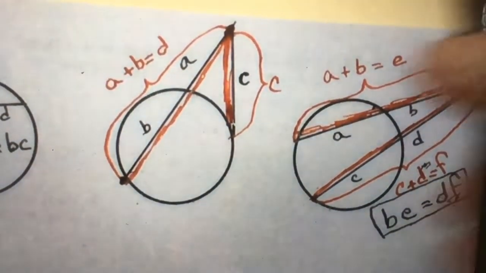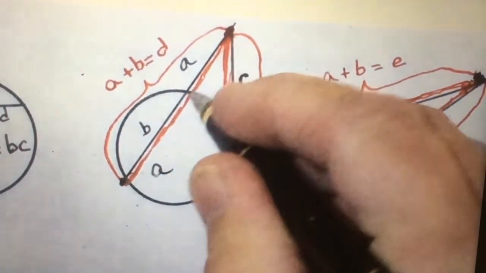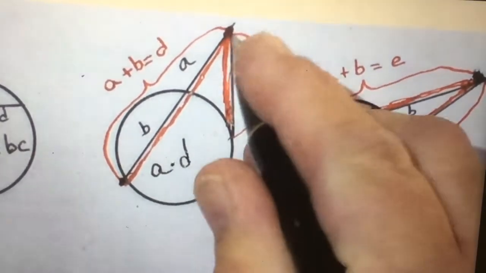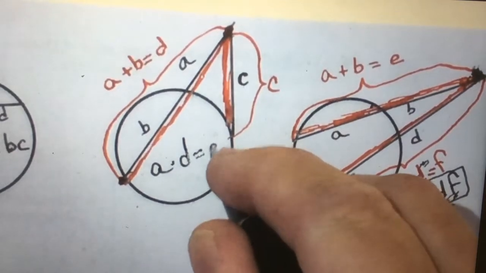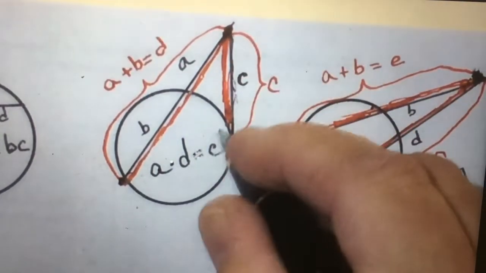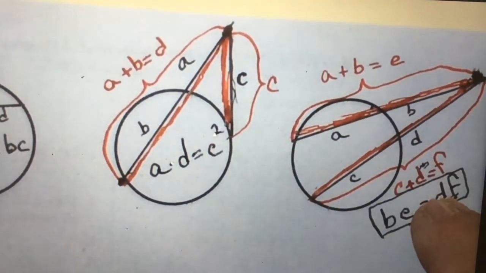The outside segment of this here times the whole thing, which goes from here to here, is equal to the outside segment here times the whole thing, which is the same. So A times D is equal to C squared.